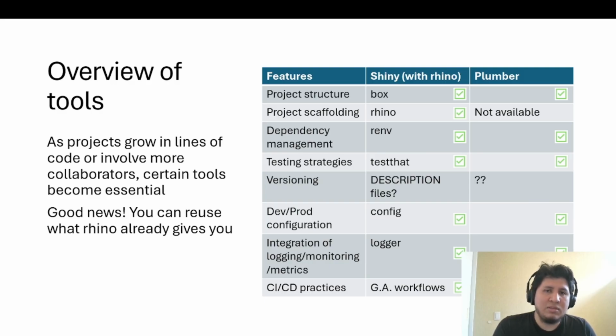A project can grow by having lots of new files that will need to be called from a central place, but it can also grow by having lots of collaborators. So if you're just developing an app for yourself, only you are the owner of this application and the one person that can make changes, you can basically do whatever you want.